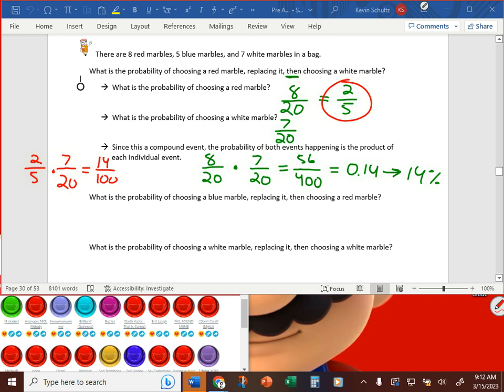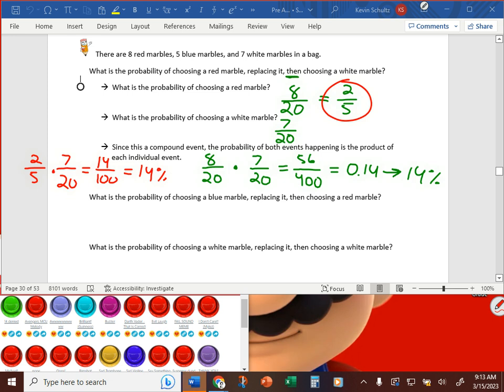There's that beautiful denominator of 100, because when the denominator is 100, what's your percentage? It's the numerator. That's why we like that. So this would be 14% also. If you simplify 8/20 first, you get 14%. If you don't, you still get 14%. So it doesn't matter really whether you simplify or not.